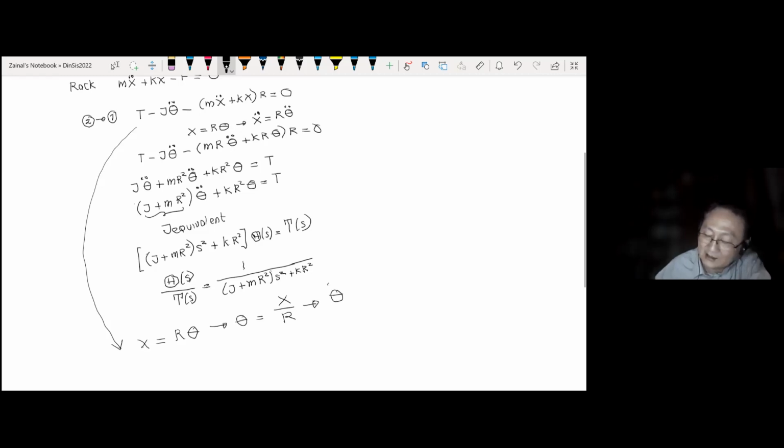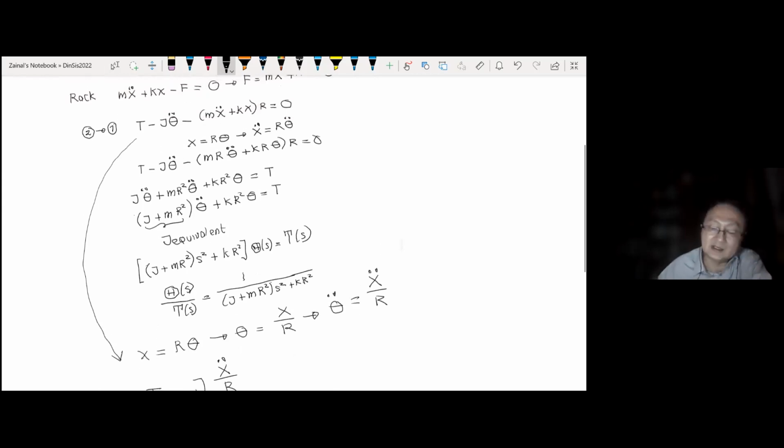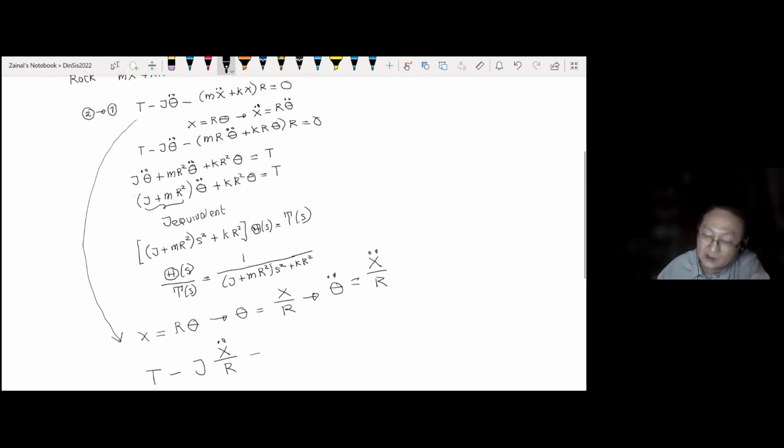Therefore, theta double dot is equal to x double dot divided by r. Therefore, that equation becomes T minus J multiplied by x double dot divided by r, minus m x double dot plus kx, multiplied by r is equal to 0.